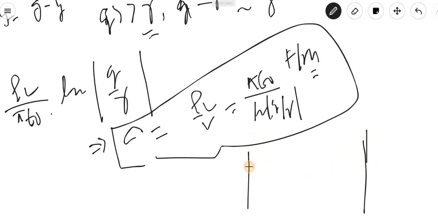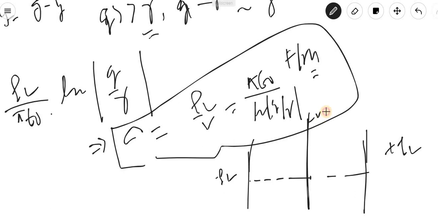If this is plus rho L, and somewhere in the middle is the origin, this plane will obviously be the zero potential point. This point is what we can consider as the neutral point.